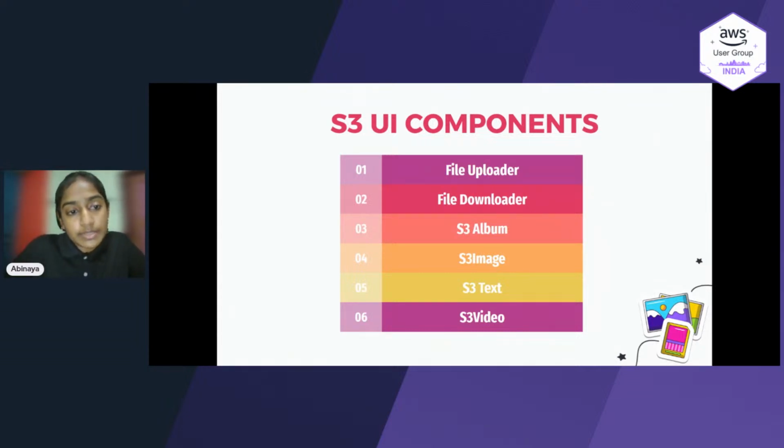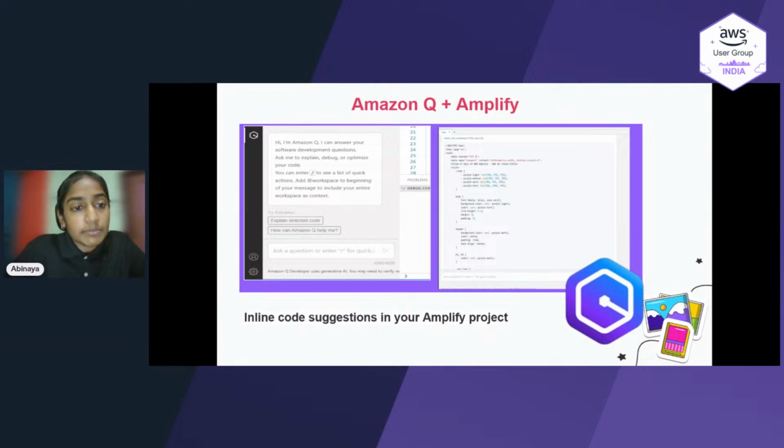So AWS Amplify provides a set of S3 UI components. You can add them to your code, and they show up in your UI. And next, Amazon Q plus Amplify. You can integrate Amazon Q in your Amplify web and mobile application.